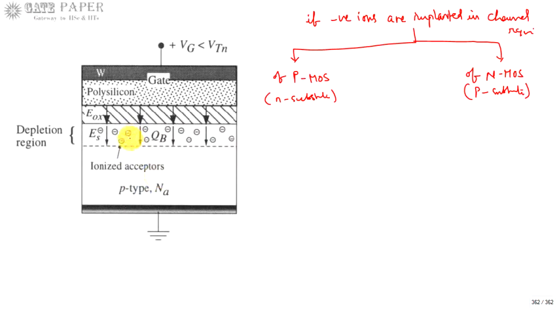If you add negative ions, the depletion region already consisting of negative ions gets some more negative ions, so the bulk charge is increasing. The amount of negative charge in the depletion region, we simply call QB. So QB increases.